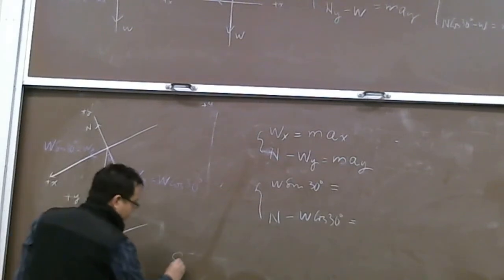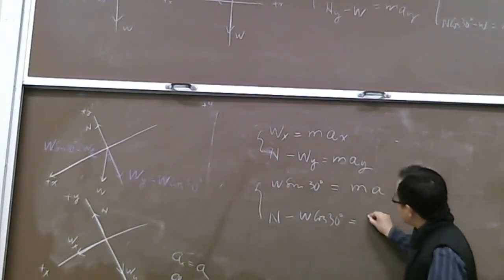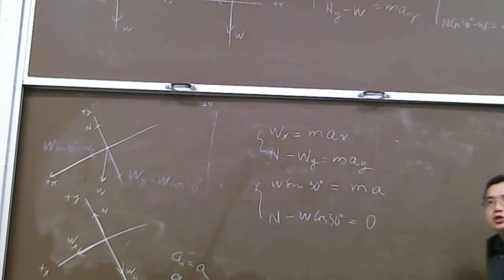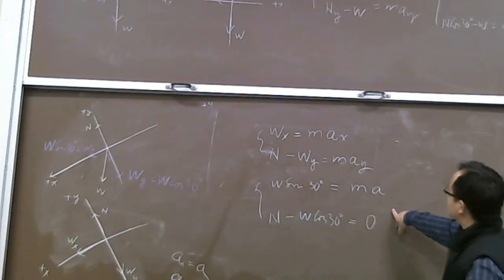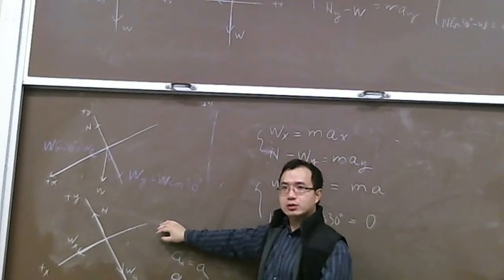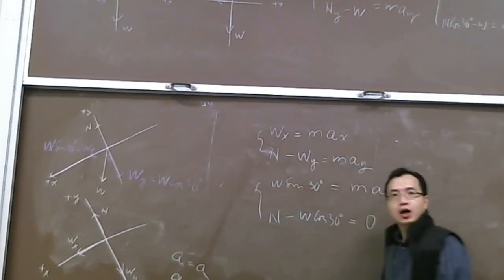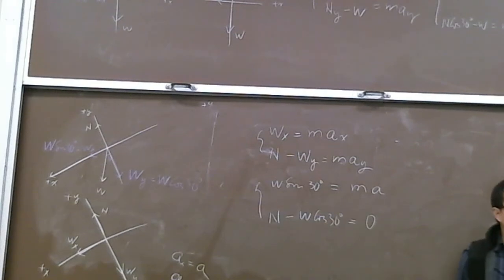With ay equal to 0, ax equals a. So this is ma, this is 0. You can see in this case, this equation looks simpler than that equation. So this coordinate system is a better one than that one in terms of problem solving. But both of them are correct.